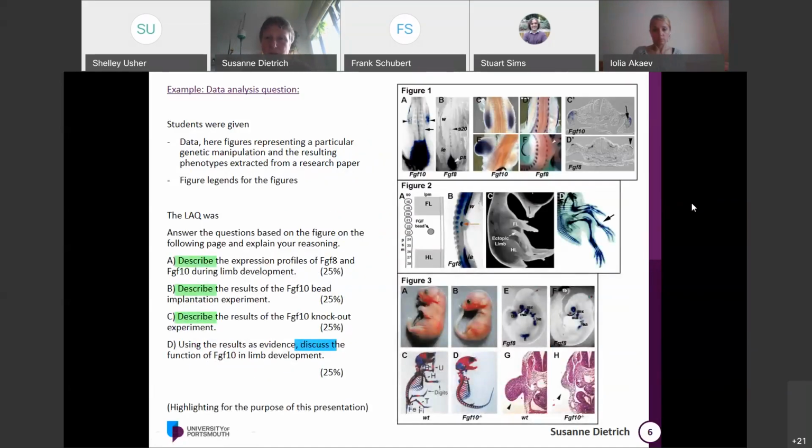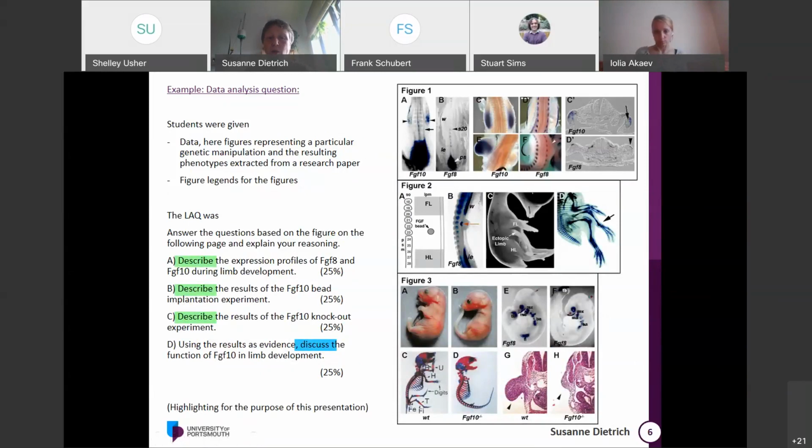So this picture on the right-hand side shows you a set of scientific data in form of pictures of experimental specimen, and the students were given these data and then figure legends to go with the figures. So this is the information that the students could then work upon.